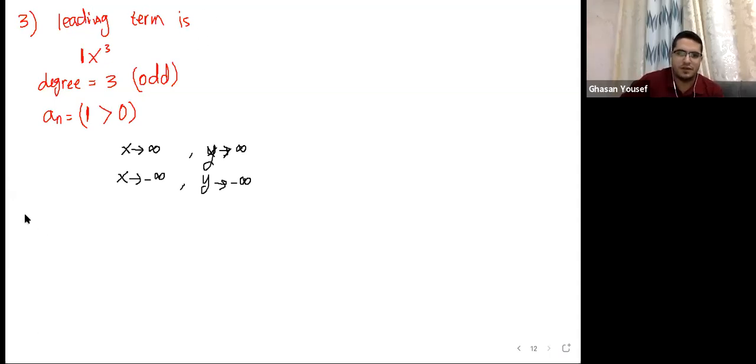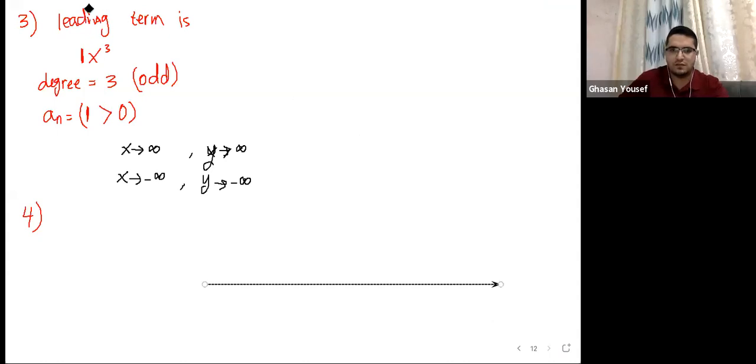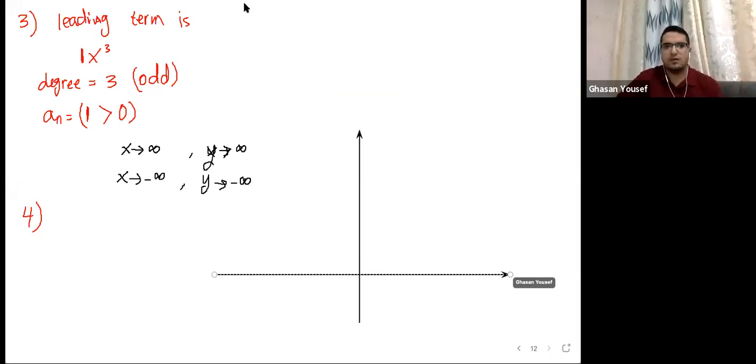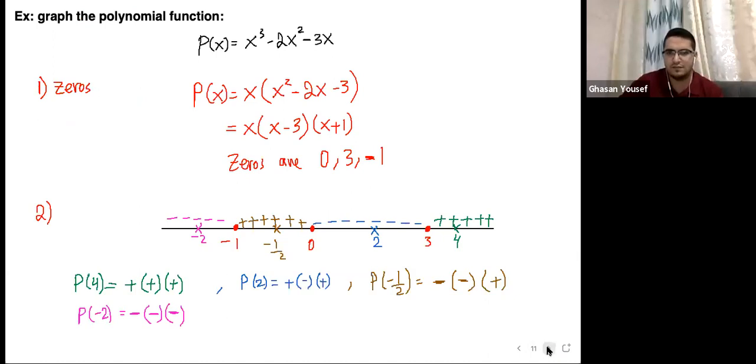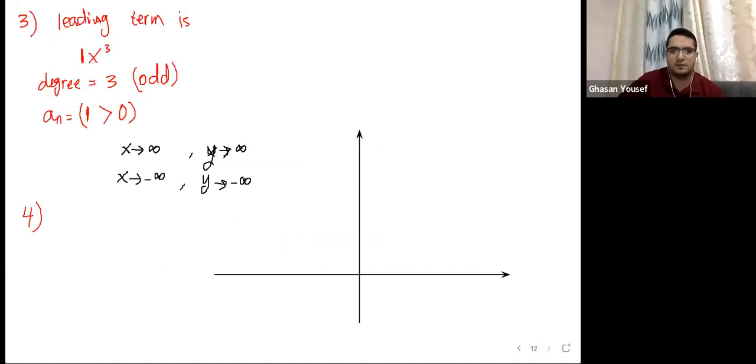So number 4, graphing. You have to draw the Cartesian plane like this and put the zeros on the x-axis. What are the zeros? From the first step, it's minus 1, 0, and 3.